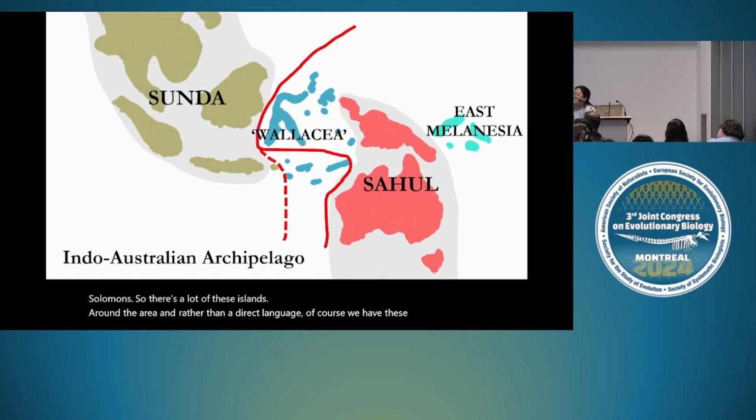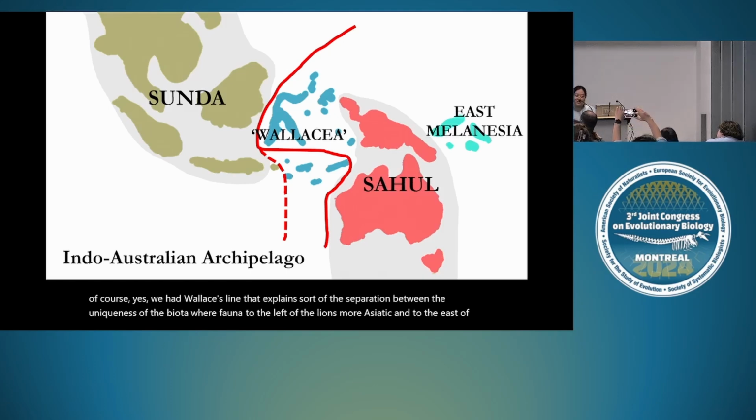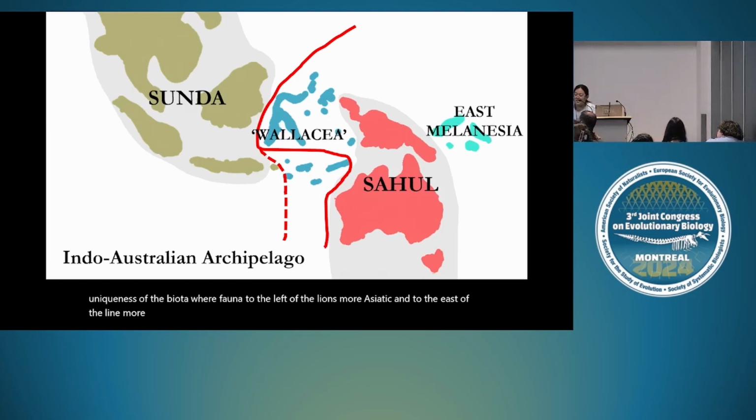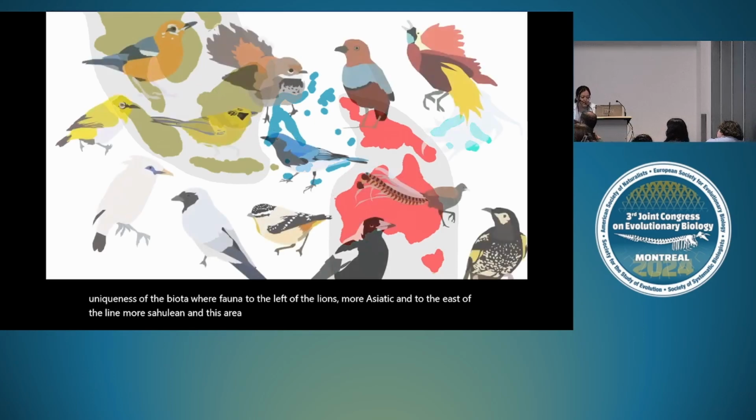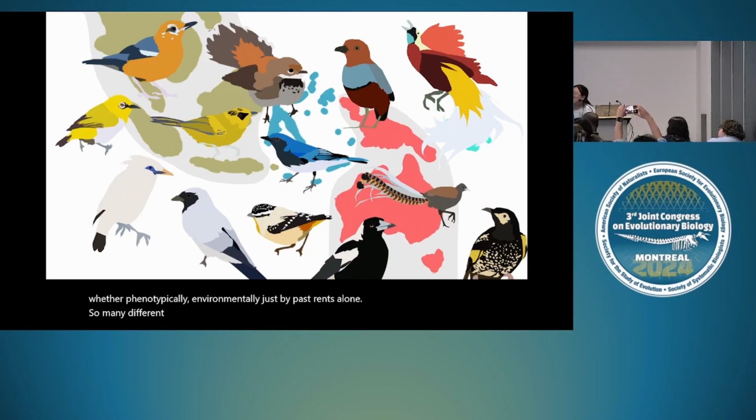And then, of course, we have Wallace's line that explains the separation between the uniqueness of the biota, where fauna to the west of the line is more Asiatic, and to the east of the line more Sahulian. This area is home to many different interesting birds, whether phenotypically or environmentally, passerines alone, there are so many species that it's hard to collect data on them and span so many different countries.